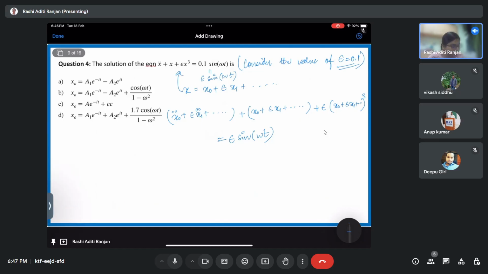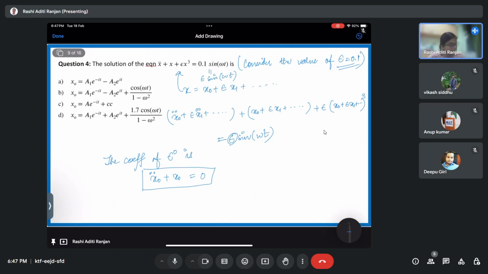And as I have replaced epsilon over here, the coefficients of epsilon to the power 0 give x naught double dot plus x naught is equal to 0. This becomes our main equation, which is different from the previous one.